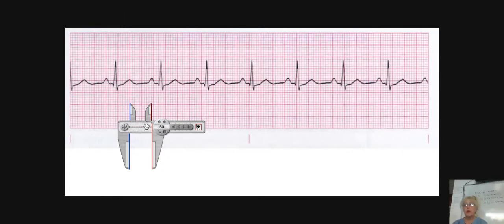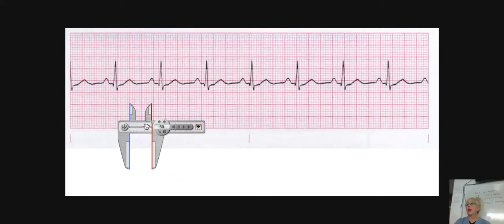So we are probably right around, say, 38, 39, something like that, 40. Each of these are 4. So 0.4 from 4, about 0.36. Is that normal? Yes. So now that you've identified and measured each of these, we would say that this is a normal sinus rhythm.